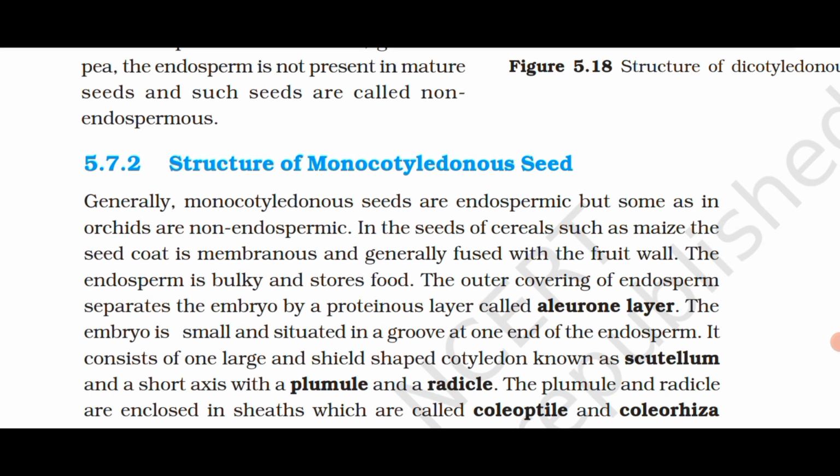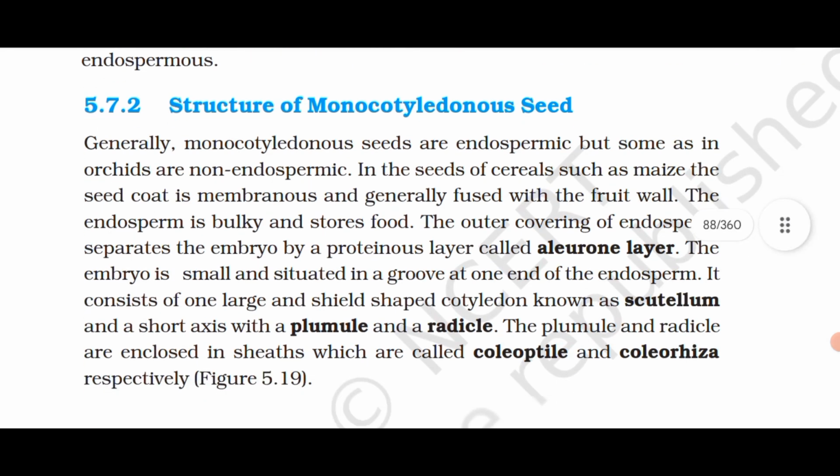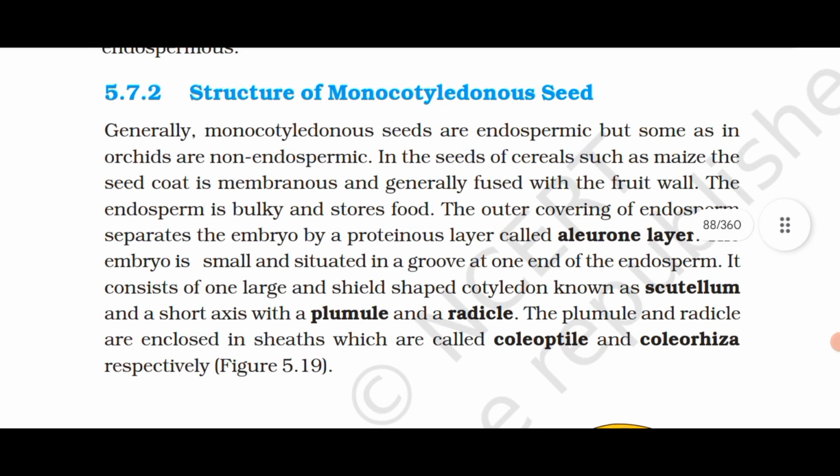The endosperm is bulky and stores food. The outer covering of endosperm separates the embryo by a proteinous layer called the aleurone layer. The embryo is small and situated in a groove at one end of the endosperm.